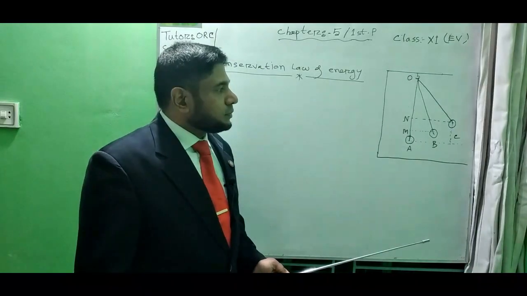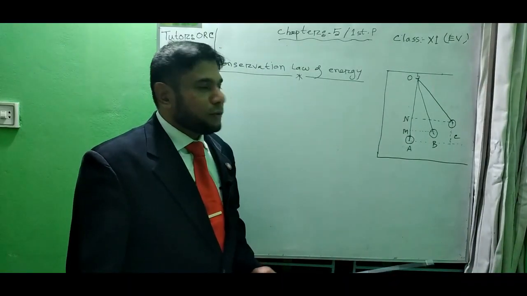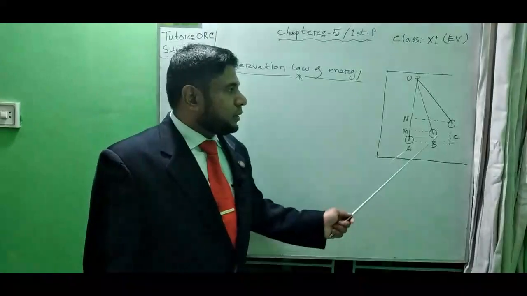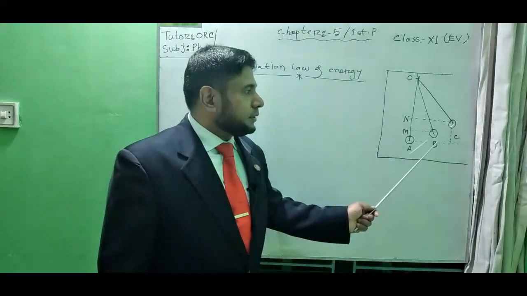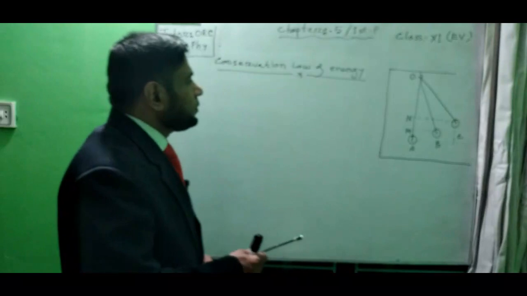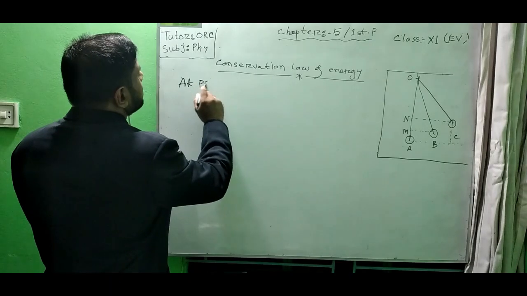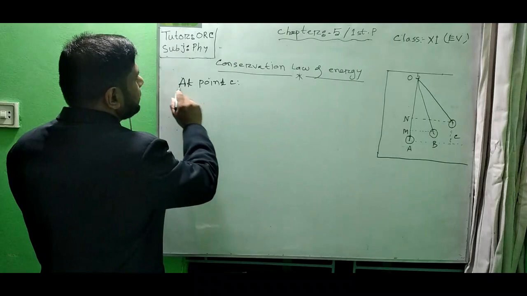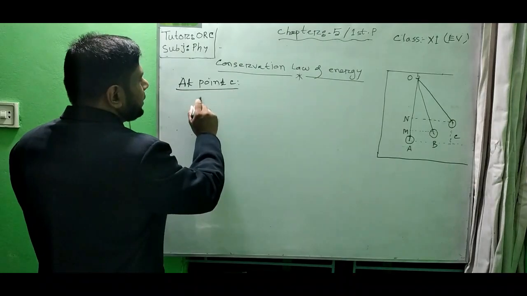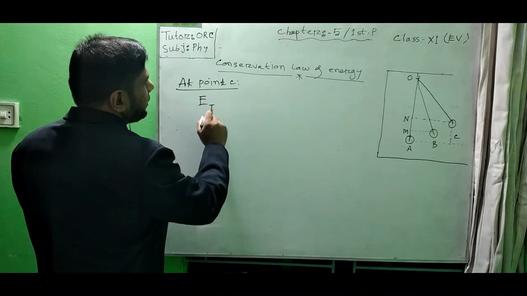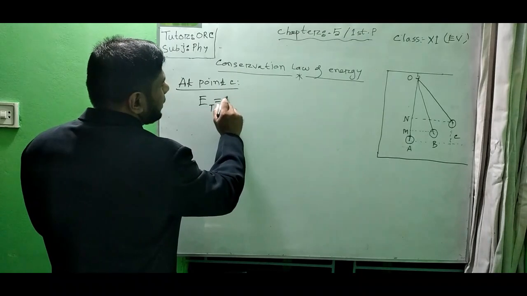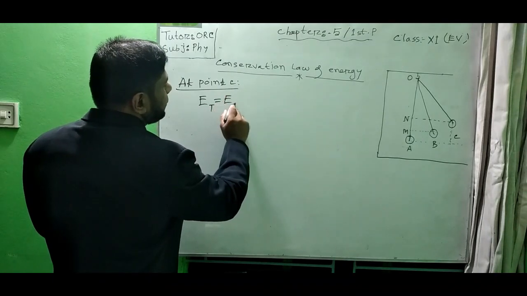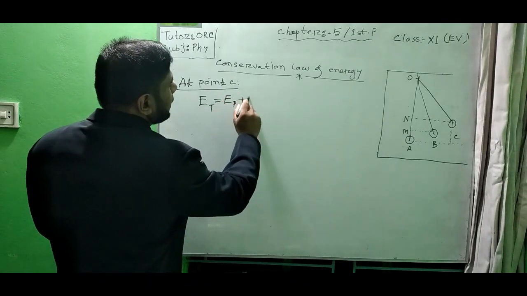First of all, let us find the total energy at point C. Suppose it is equal to the addition of potential energy and kinetic energy.